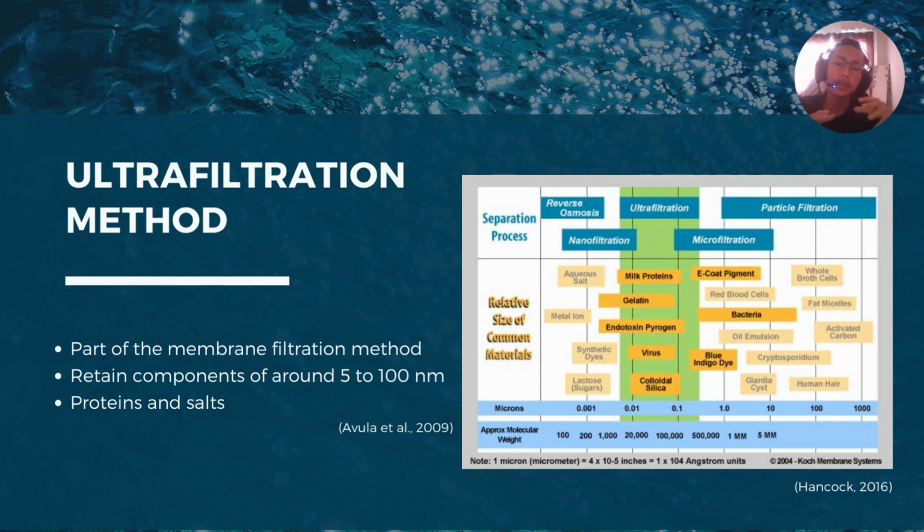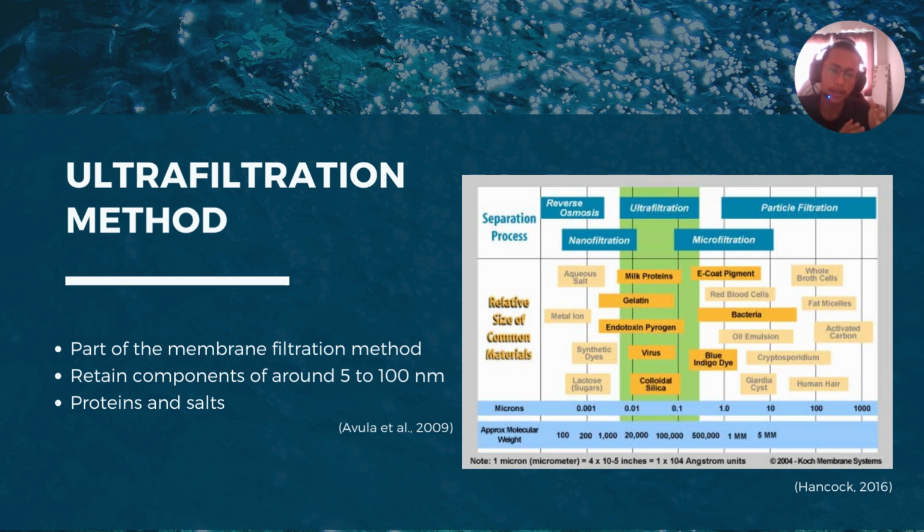Basically, the ultrafiltration method is part of the membrane filtration process, whereby it will filter out compounds, particles, and waste according to each of their size. So in the ultrafiltration method, it can retain particles only of the size of 5 to 100 nanometers. Some examples of the particles that can be retained in ultrafiltration are proteins and also salts.